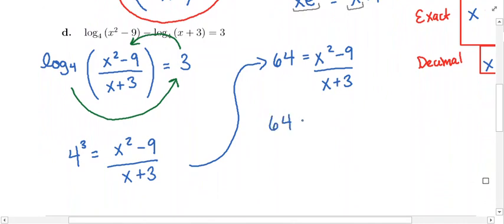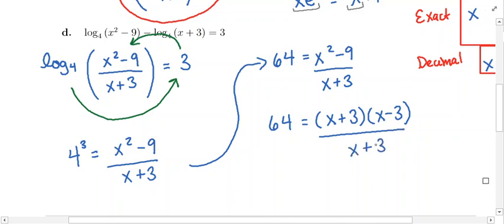If you notice the numerator here factors. X squared minus 9 is going to factor into x plus 3, x minus 3. And you can check that if you multiply it back out. You're going to get x squared minus 9. The bottom is x plus 3. So what happens here is you have an x plus 3 in the top and in the bottom, and they're going to cancel.